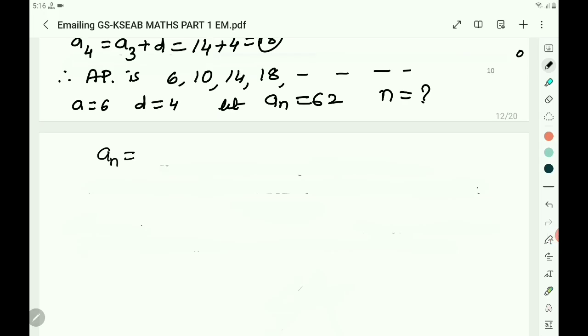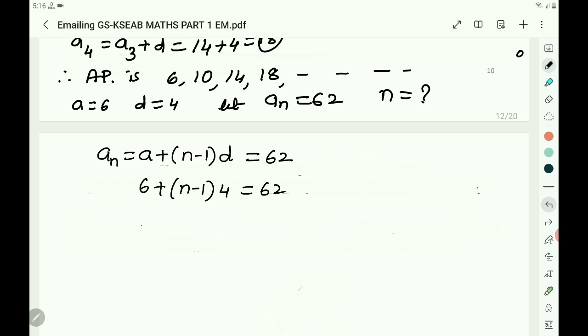An equals a plus n minus 1 into d, that is equal to 62. A is 6, d is 4. 6 plus n minus 1 into 4 equals 62.